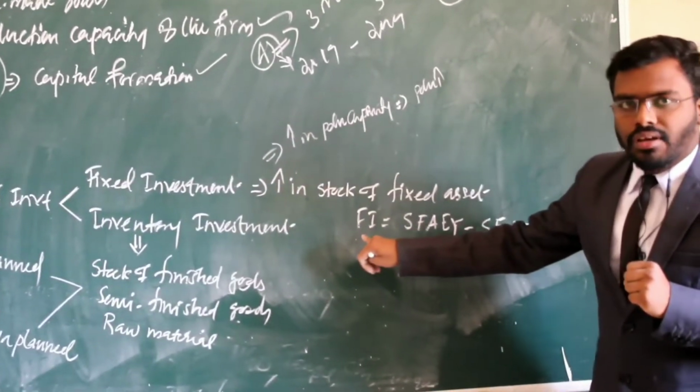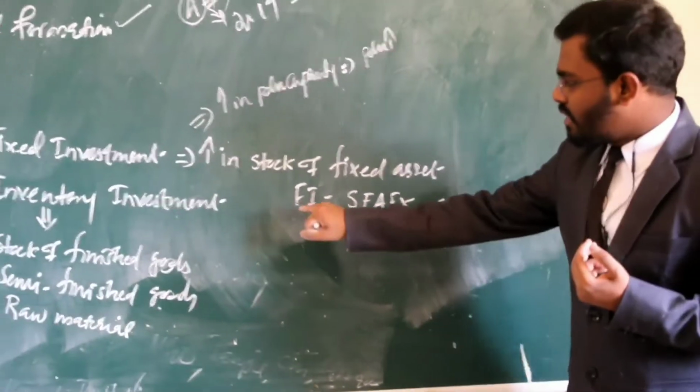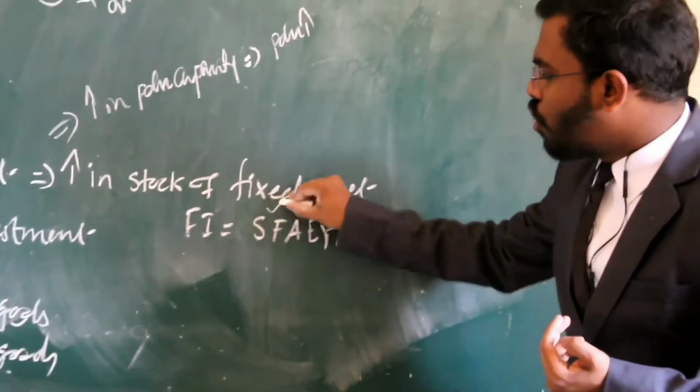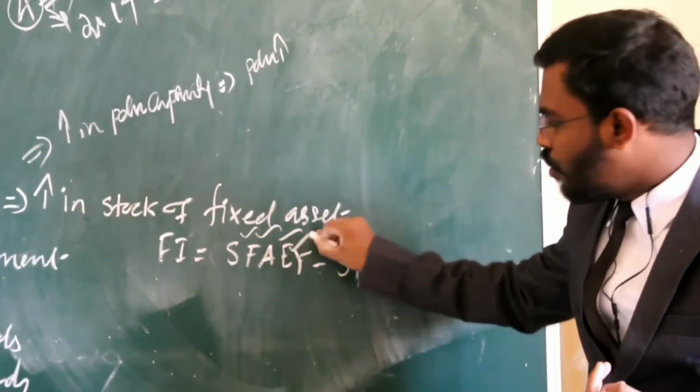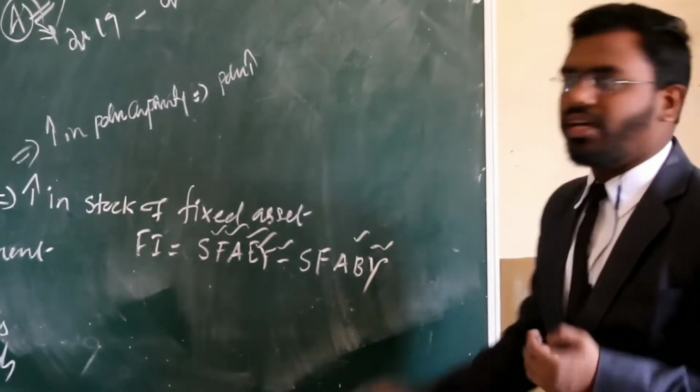Okay, so how can we calculate fixed investment? Fixed investment is equal to stock of fixed asset at the end of the year minus stock of fixed asset at the beginning of the year.